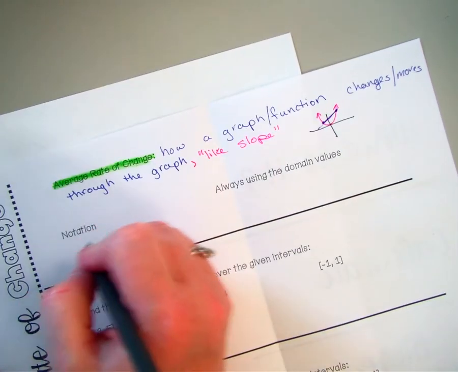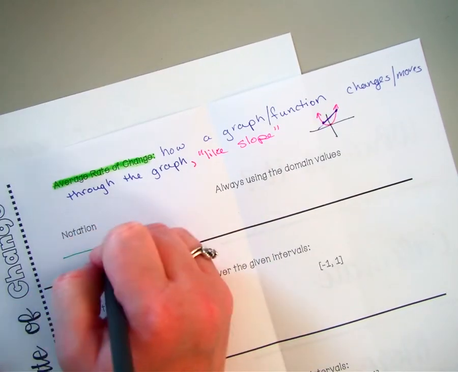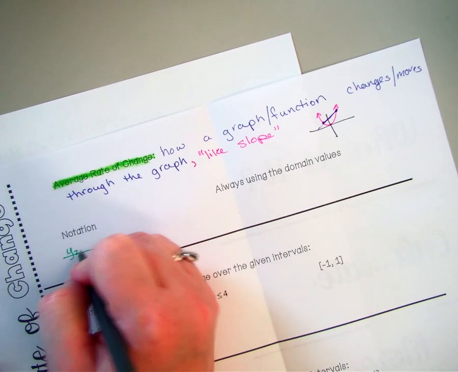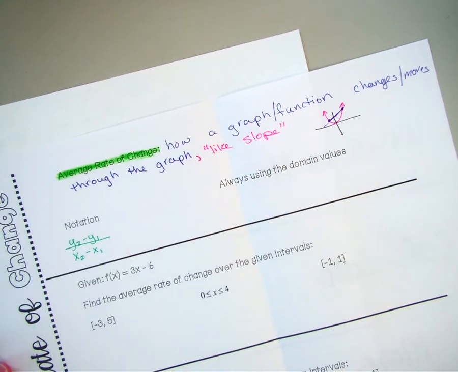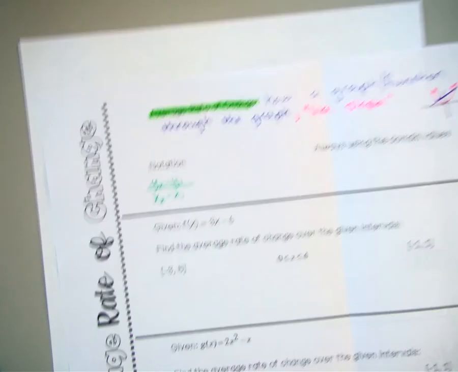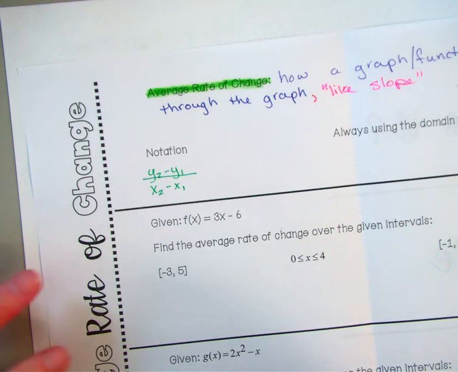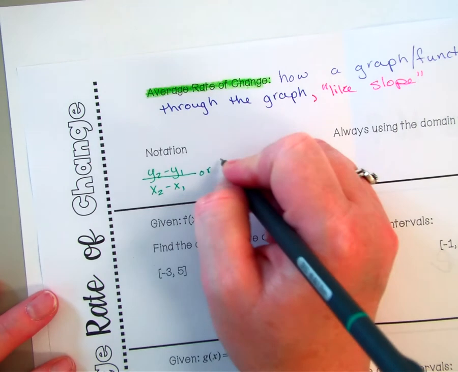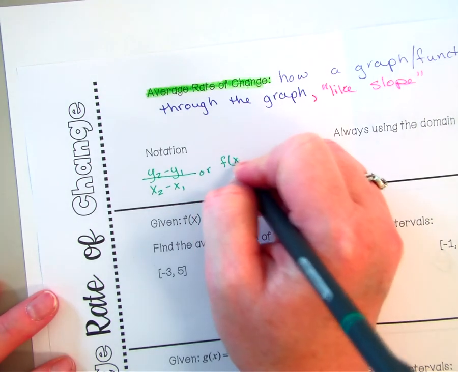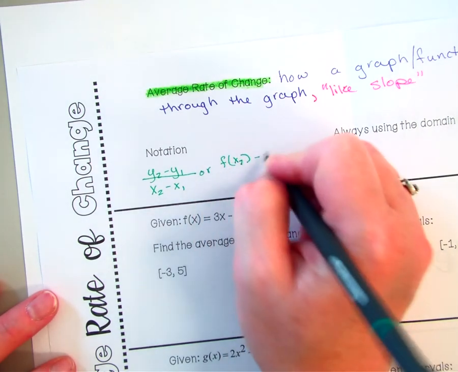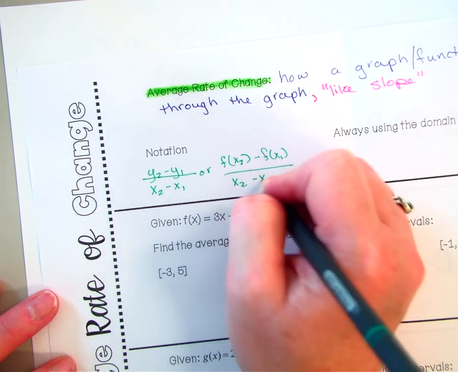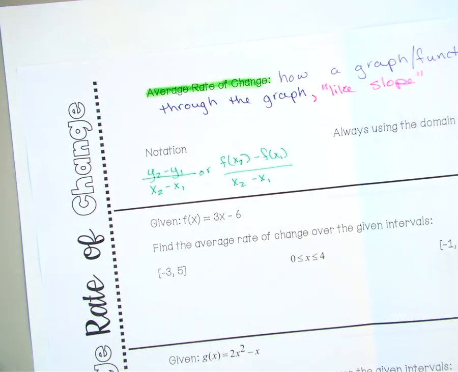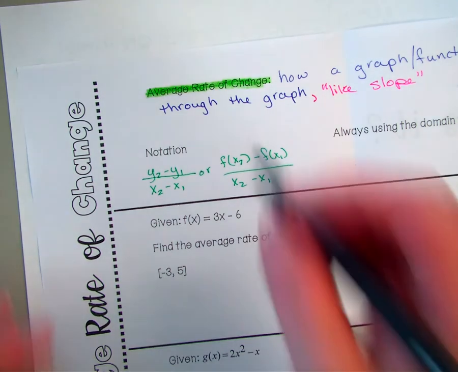It can be just like your slope formula, y2 minus y1 over x2 minus x1, or they could use some function notation in there, which again is the same thing, because if you remember, f of x and y are interchangeable.